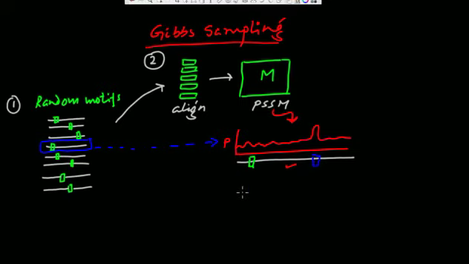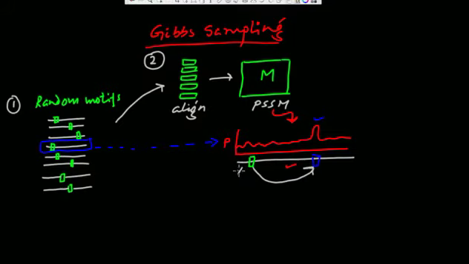So in a way, by looking at this curve, by looking at this peak, I'm able to refine my motif position, isn't it? Now I know that my original random position was not very good. So I am going to reassign my motif in this sequence and say that my motif is located here.